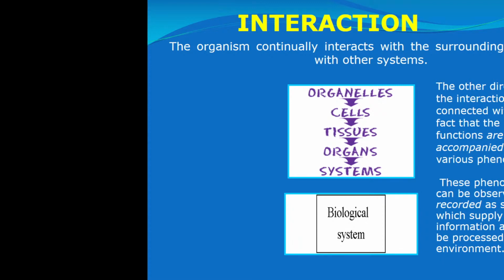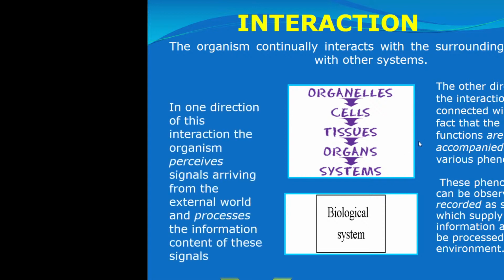At each level of organization, cells, tissues, organs, and organ system, structure is closely related to the function. The organism continually interacts with the surroundings and with other systems. In one direction of this interaction, the organism perceives signals arriving from the external world and processes the information content of these signals.